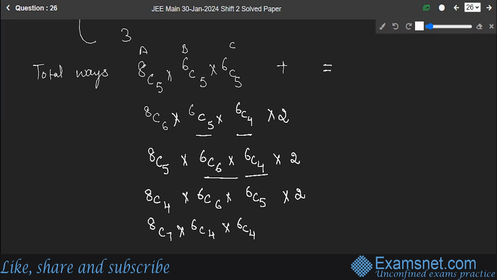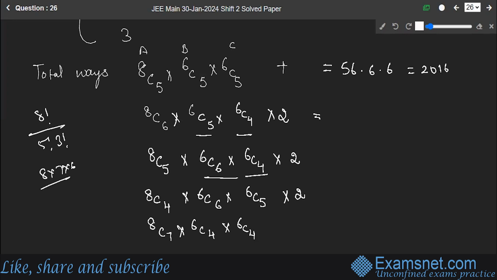And now let's see, this gives me 8C5. This is 8 factorial over 5 factorial 3 factorial. This is 8, 7, 6 upon 6. That's 56, into this will be 6, into this will be 6. Okay, this gives me 2016.